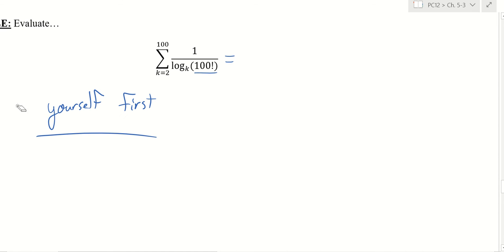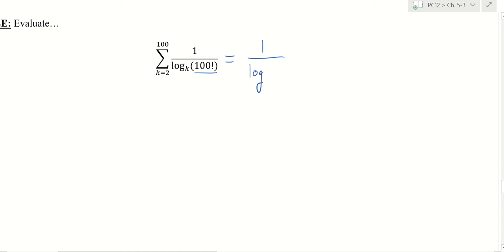Sigma notation. What this really means is we are just going to take a bunch of terms and add them together. So the first term is going to be 1 over log of what base? Well, it says that we're starting at k equals 2, and our input of our logarithm is 100 factorial. And then we're going to add 1 over log base, well, what comes after 2 for our natural numbers? 3.